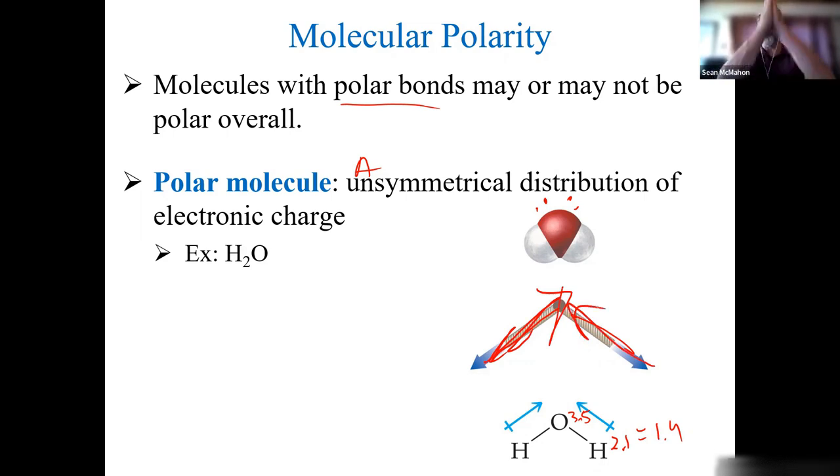In fact, if you ever take vectors, and you do head to tails for your vectors and count it, it creates an overall dipole that's going towards this oxygen. So why does this lack symmetry? There's 4 groups, and they're not all the same. 2 are hydrogen, but 2 are lone pairs. So this has polar bonds and is a polar molecule because it lacks symmetry.